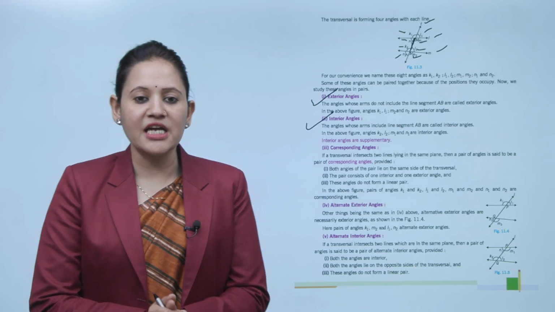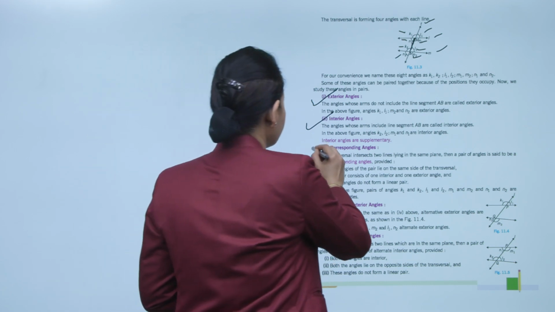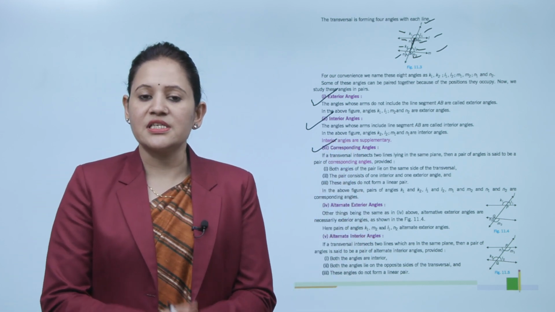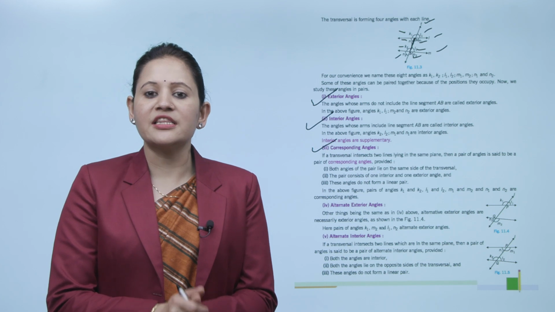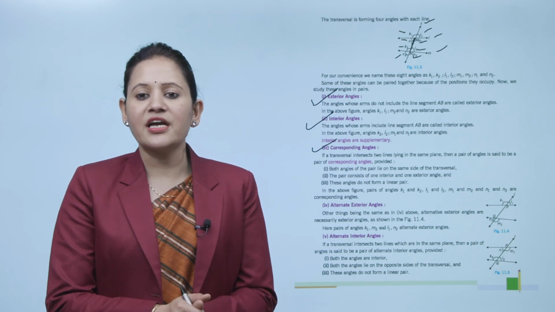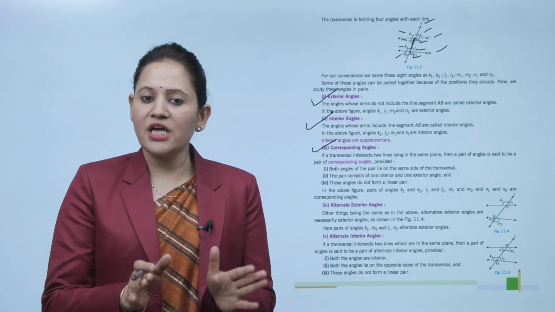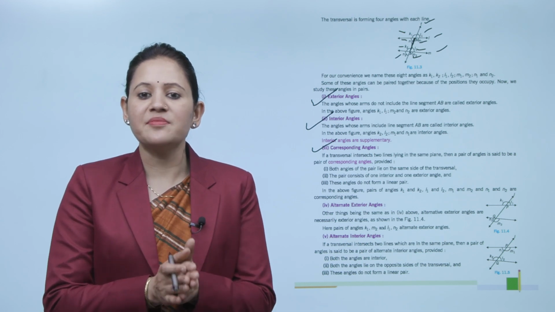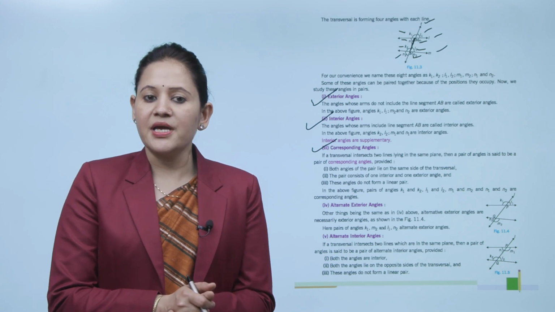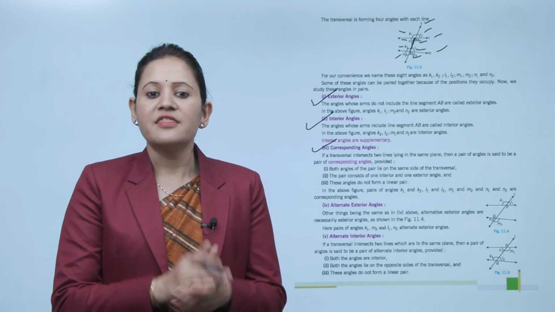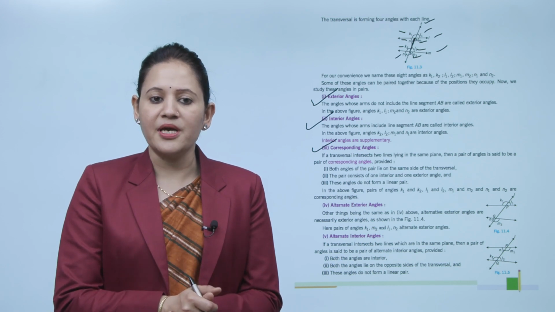Next is corresponding angles. If the transversal intersects two lines lying in the same plane, then the pair of angles is said to be a pair of corresponding angles, provided both angles of the pair lie on the same side of the transversal. The pair consists of one interior and one exterior angle, and the angles do not form a linear pair.